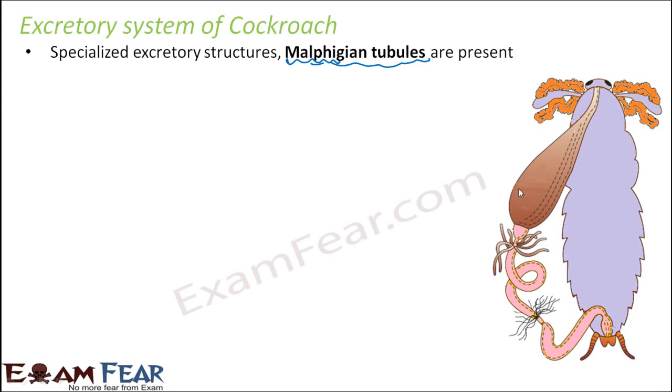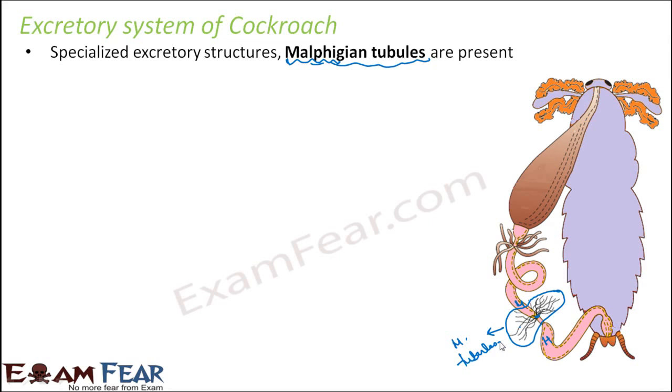Now while we were talking about the digestive system, I told you where these Malpighian tubules are present. They are present at the junction of the midgut and hindgut. So this is your midgut, this is your hindgut. This is the junction and these are the Malpighian tubules. They are filament-like structures, present in numbers of around 100 to 150 filaments.